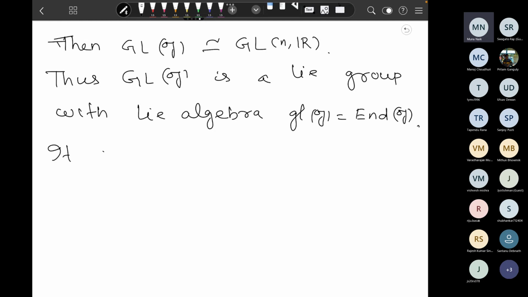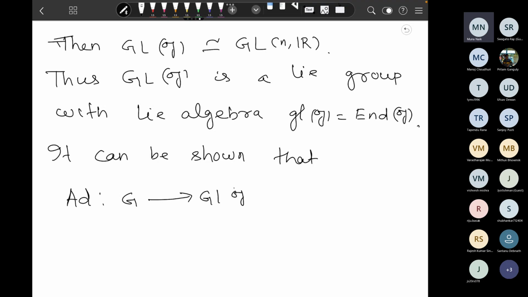It can be shown that this map R from G to GL(g) is a smooth map.